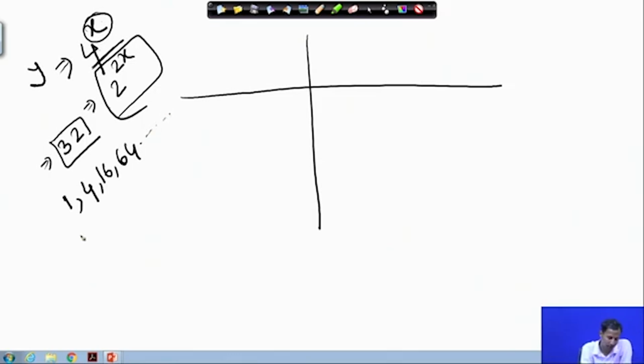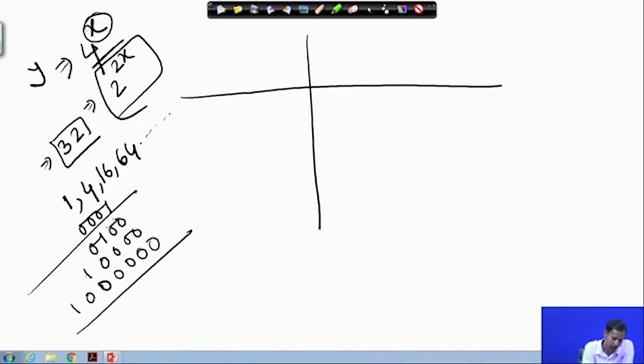So, if you just see, for 001, for 4, for 16, for 64, something like this it is changing, and all other bit positions are 0. Okay.